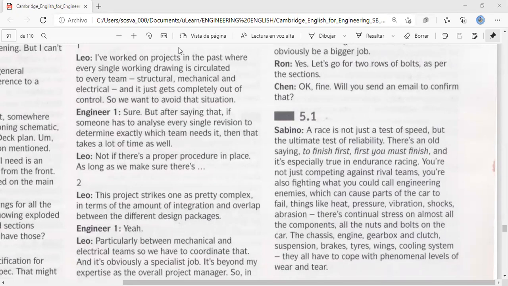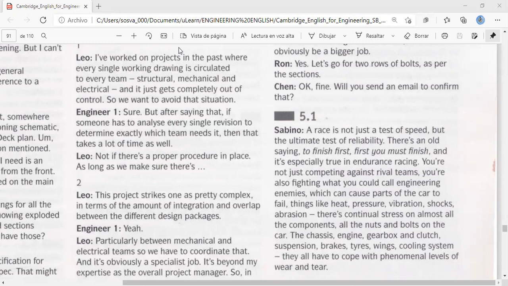Things like heat, pressure, vibration, shocks, abrasion. There's continual stress on almost all the components, all the nuts and bolts on the car. The chassis, engine, gearbox and clutch, suspension, brakes, tires, wings, cooling system, they all have to cope with phenomenal levels of wear and tear.